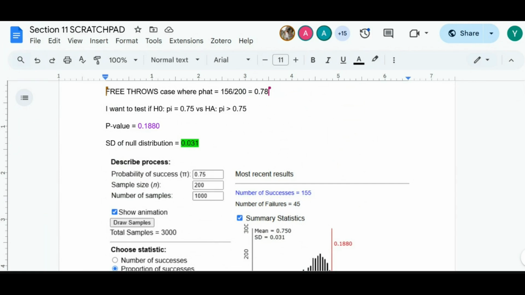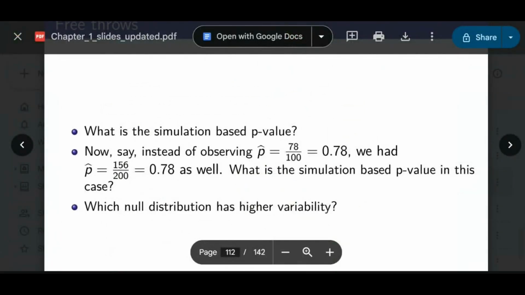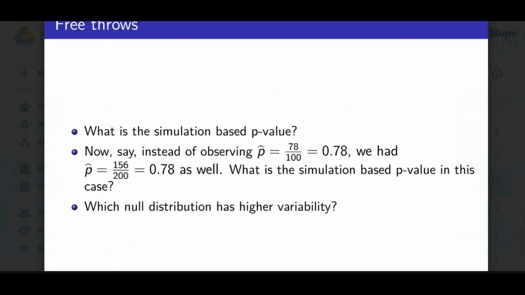Very good. So let's go back to our slide. What is a simulation-based p-value? You can put 0.188 and you can say, look at Scratchpad or whatever, something like that. Which null distribution has higher variability? The one where the sample size was bigger or smaller? Which simulated distribution had a bigger spread, more variability?